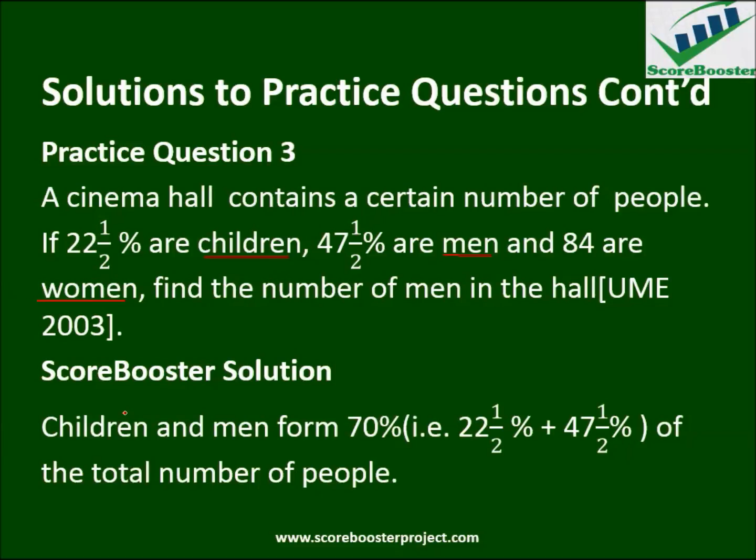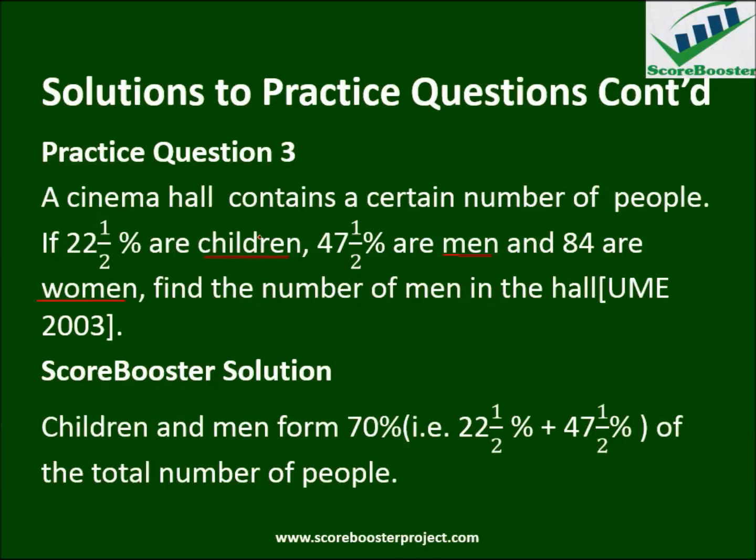Since the percentage of children is given as 22.5% and that of the men is given as 47.5%, the total percentage of children and men altogether is 22.5% plus 47.5%, which is 70% of the total number of people.